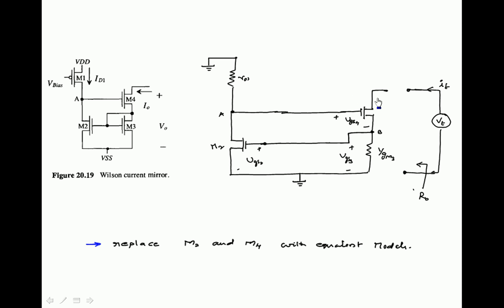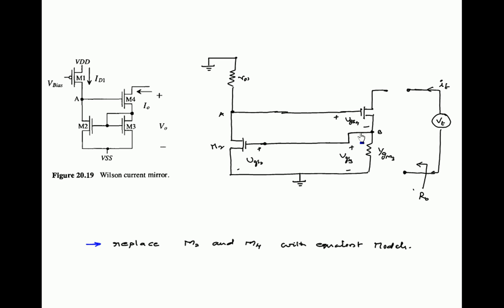This is the equivalent circuit at the first step, and to it we apply a test voltage and get a test current. Now the remaining transistors are M2 and M4. Replace M2 and M4 with equivalent models. While doing so, consider whether there is any body effect present in M2 or M4.